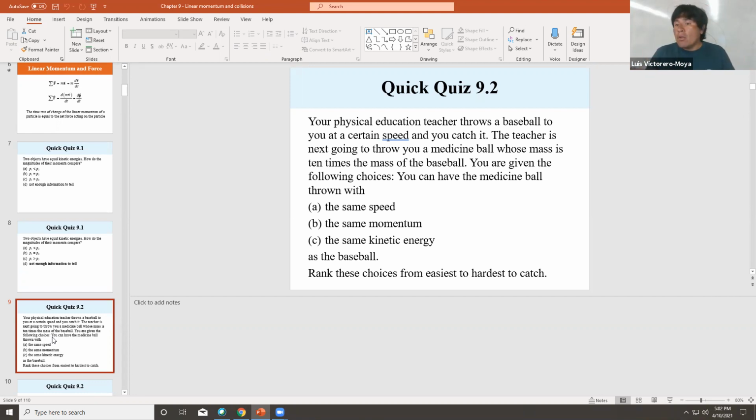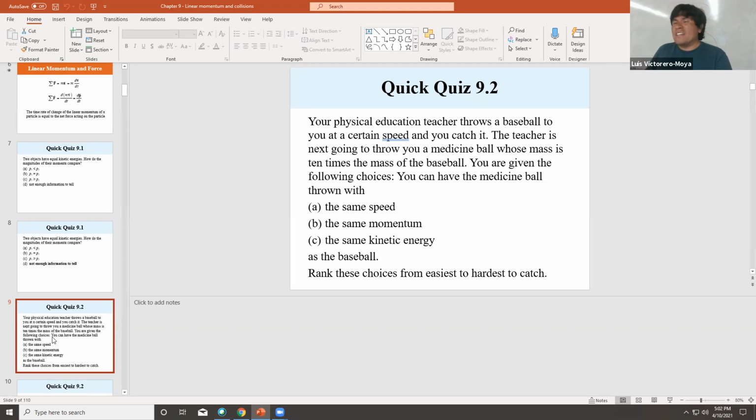But if I give you a medicine ball that is 30 kilograms now, that means that the speed has to be 1 meter per second. So that's convenient. You can have the medicine ball with the same momentum, because the very big mass will counteract the velocity, so the velocity will be very low.